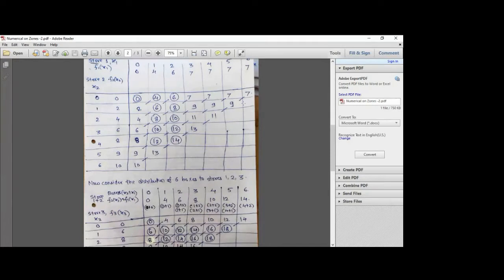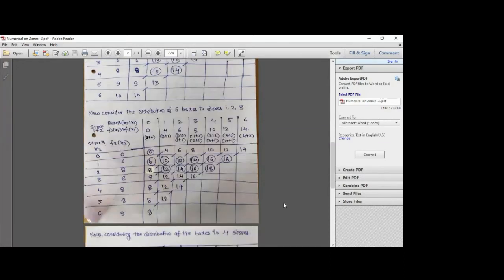For 5 number of crates, the maximum profit is 12, and the combinations are 3 plus 2 and 4 plus 1. Lastly, the maximum profit across 6 number of crates is 14, and the possible combination here is nothing but 4 plus 2.